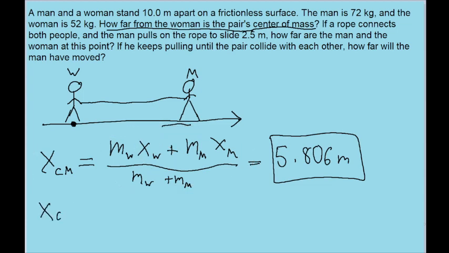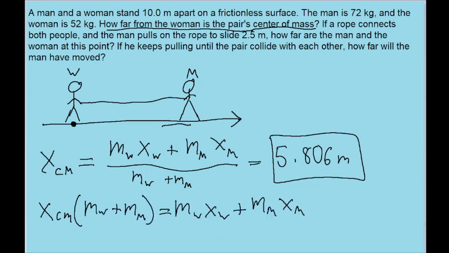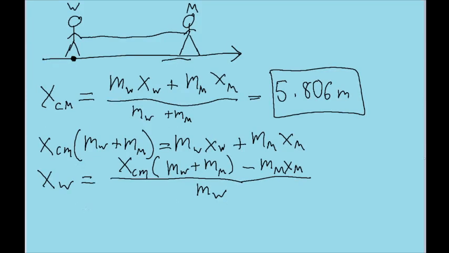First thing I'm going to do is take both sides of this equation and multiply it by m_w plus m_m, so that we can get this stuff from the denominator out of the way. Then I'm going to subtract m_m x_m from both sides of this equation, and then divide both sides by m_w. This will get x_w on its own.